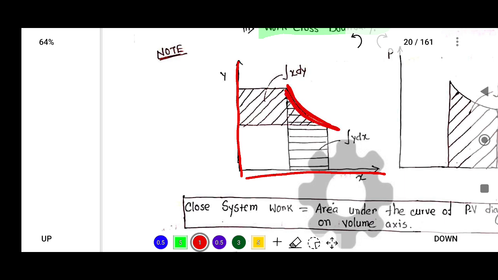If the area is drawn on the x-axis, then it is known as integration y dx, and if the area is on the y-axis, this area will be known as integration x dy.